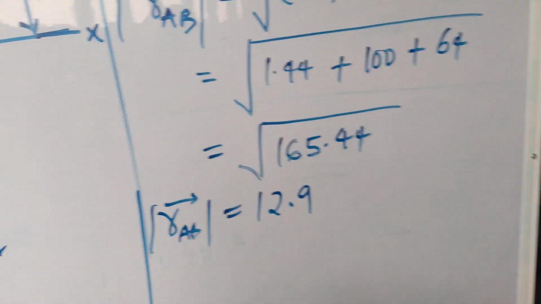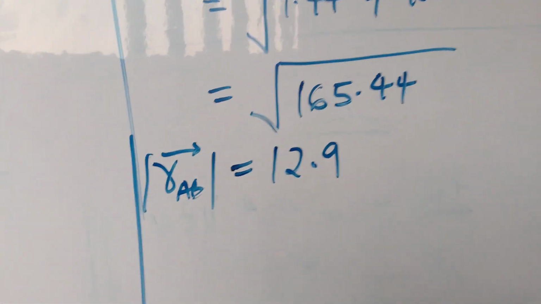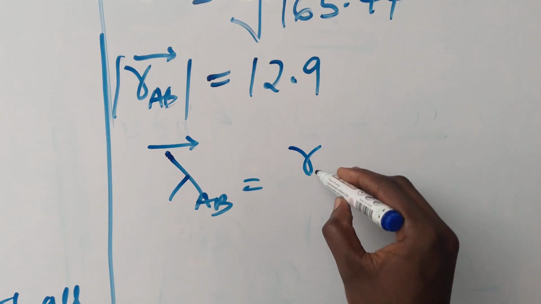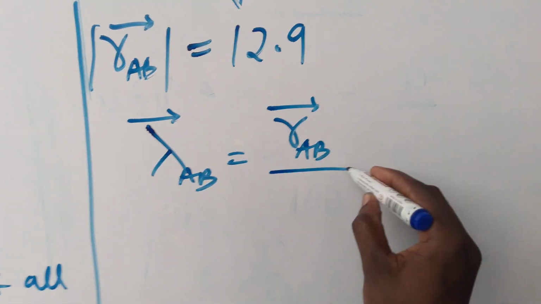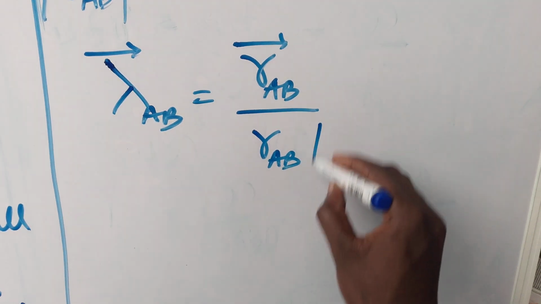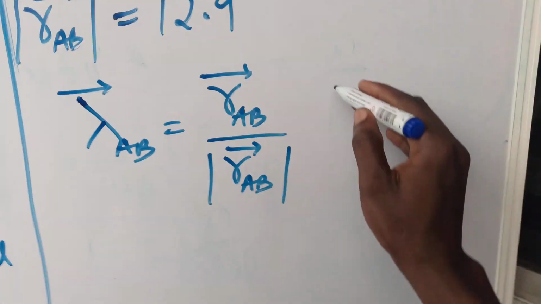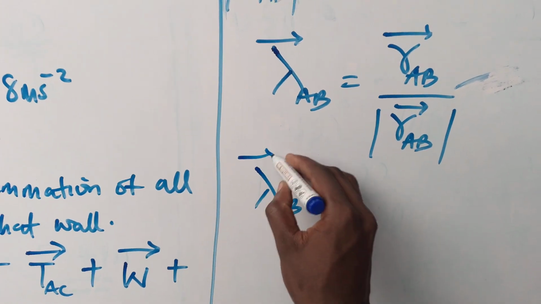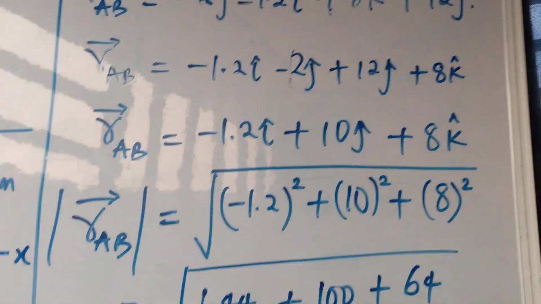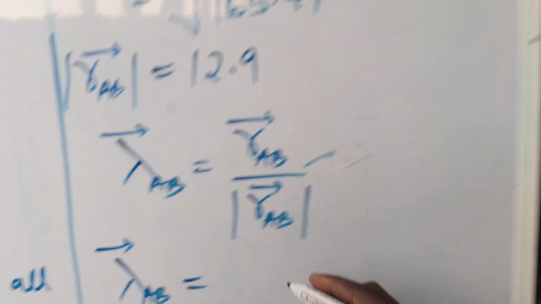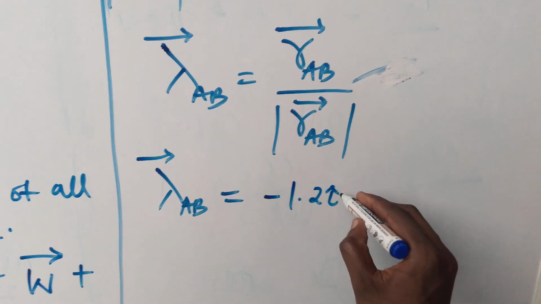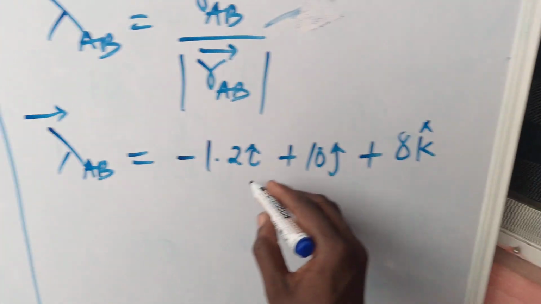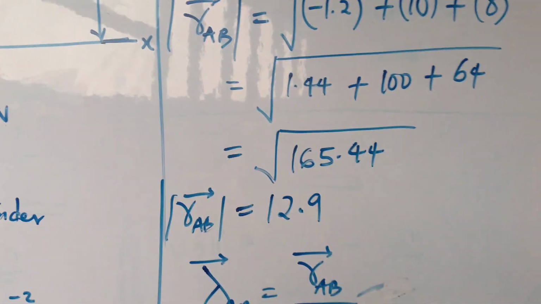The next thing I will look for is the unit vector lambda AB. Lambda AB will be equals to the position vector RAB over the magnitude. RAB is minus 1.2i plus 10j plus 8k over the modulus.